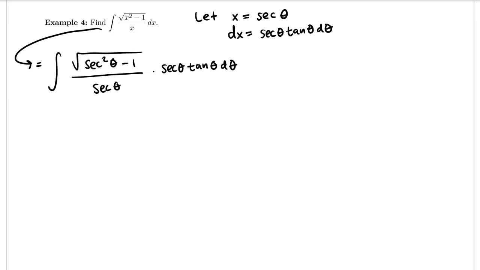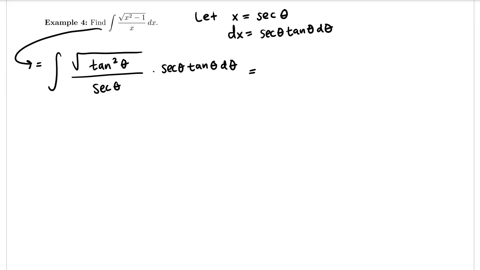This one's nice because underneath the square root we don't have to factor out a constant, and we could just change secant squared theta minus 1 into tangent squared theta using our Pythagorean identity.